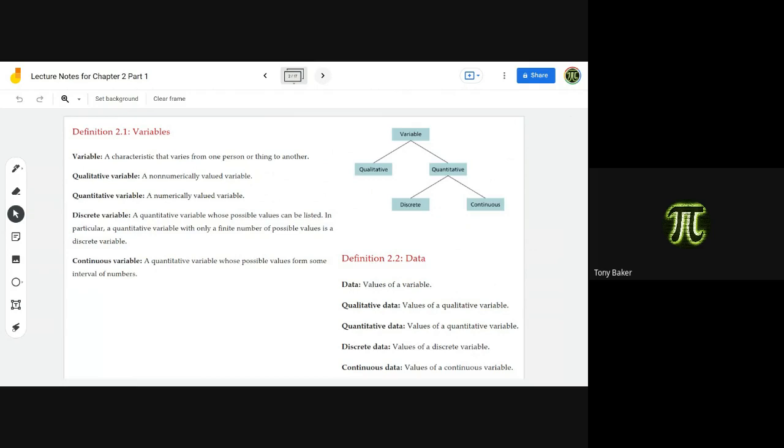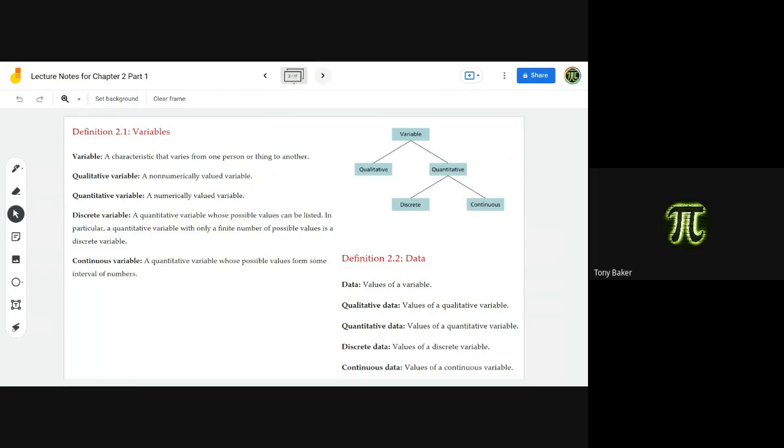They have to be quantitative, because continuous variables mean that every single point in between also would work. Okay? So, the amount of money you have, because that could be anything from 0 to infinity, and every decimal in between also would work.